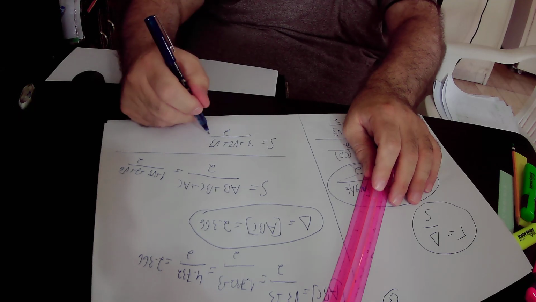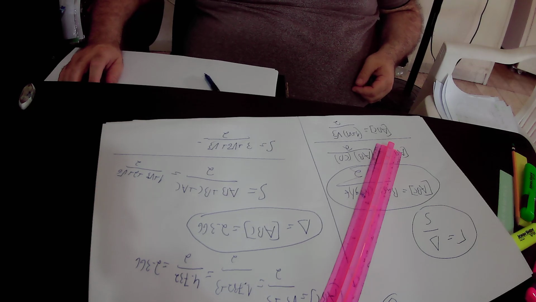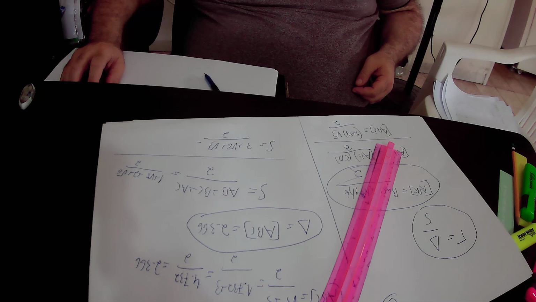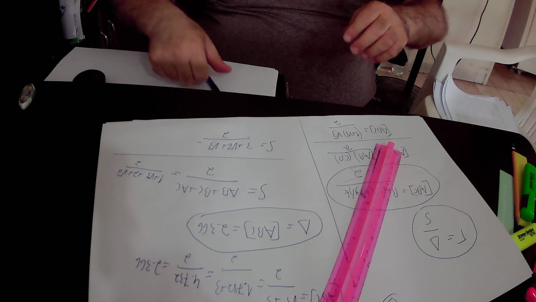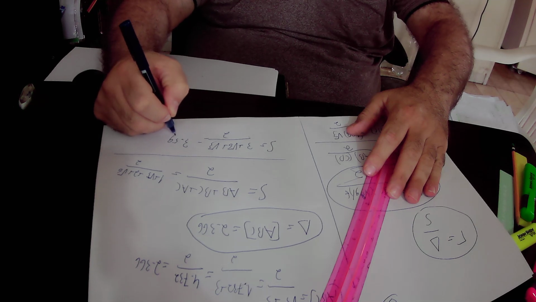So here S equals square root of 6 plus square root of 3 plus 3 over 2, which is equal to 3.59 units.